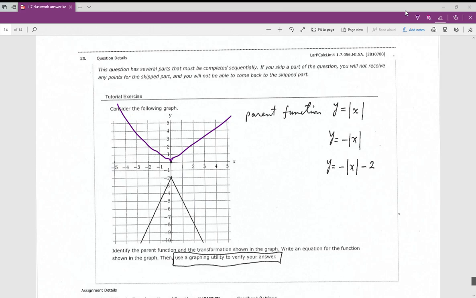Upside down, it becomes this way, right? Let me change the color. And then minus 2, change to red color. Minus 2, you push down 2 steps. So that's how you have this one in the end.